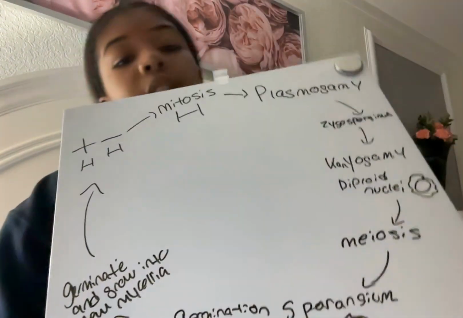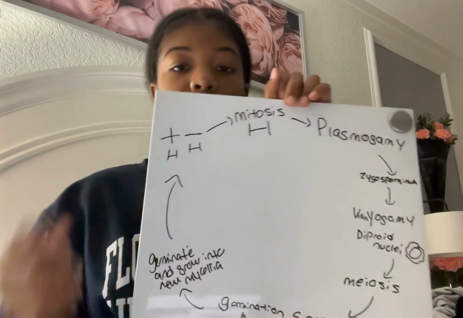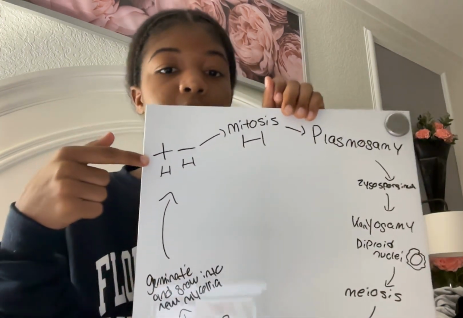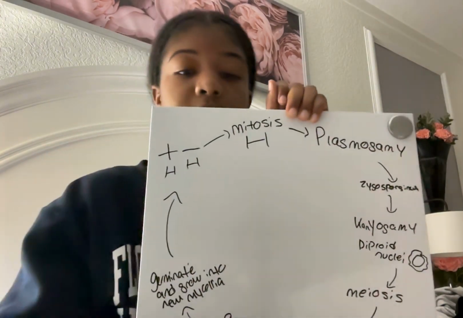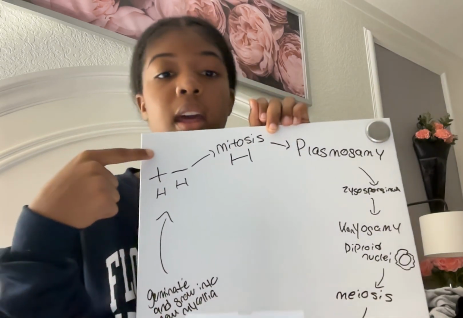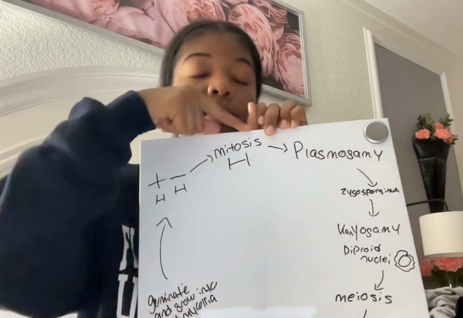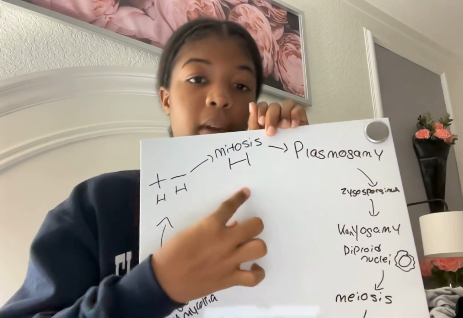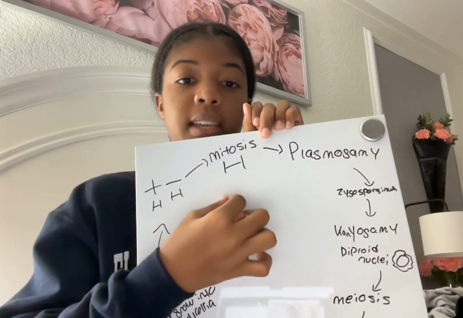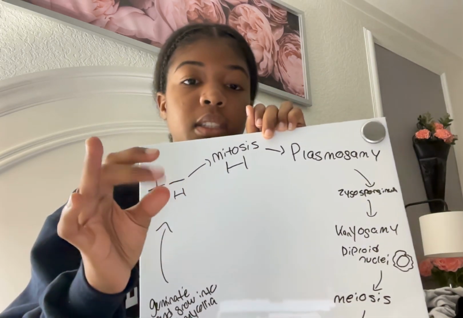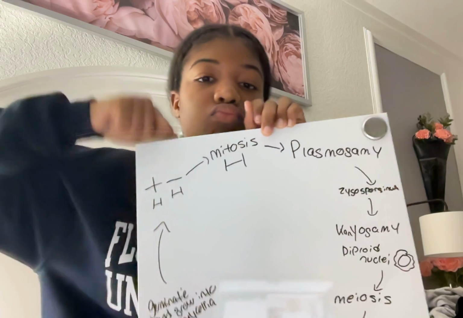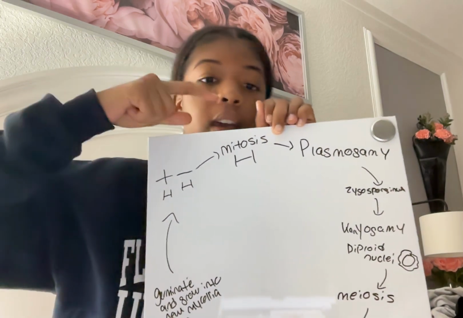So it looks just like this. To break it down, here's the first step. First we go through the mating types, which are positive and negative because it's not male or female. And then, very quickly in between, we go through mitosis, which brings it together and is identical.